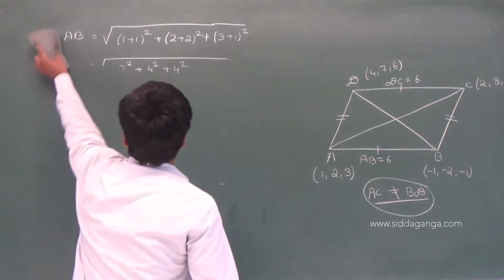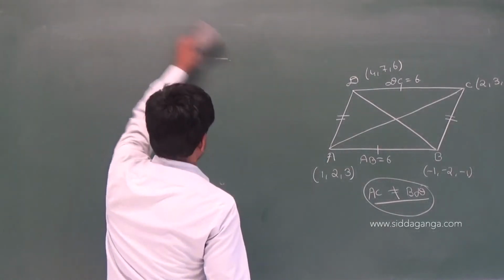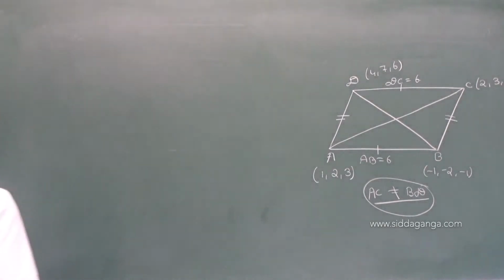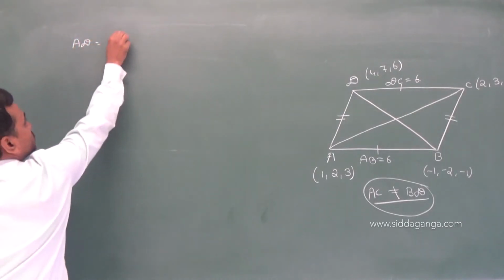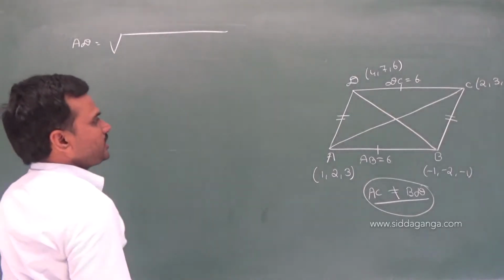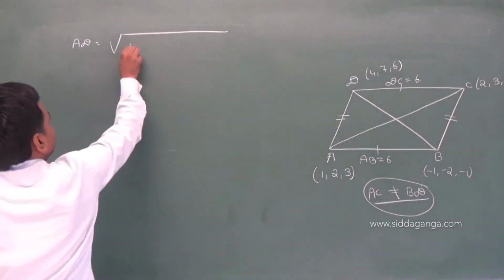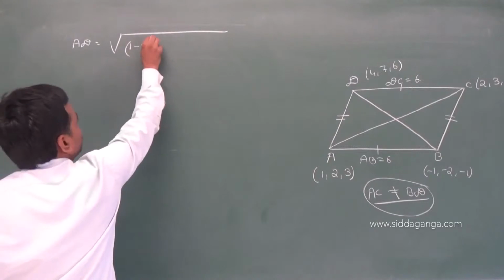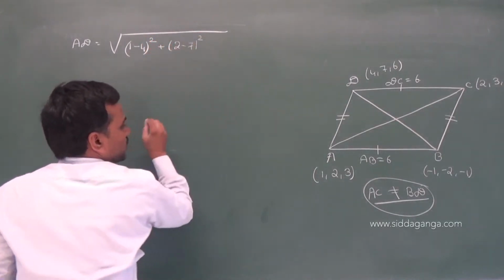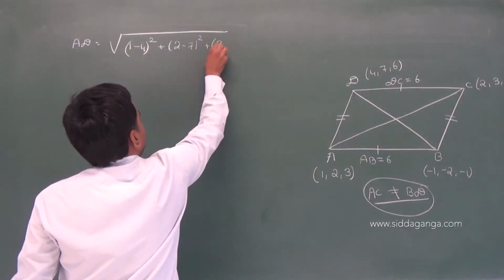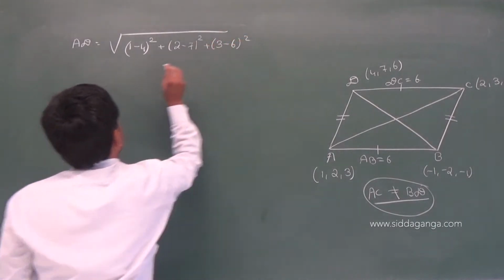Similarly, we check the other two opposite sides. The other two opposite sides are AD. Square root of AD, A to D. 1 minus 4 whole square plus 2 minus 7 whole square plus 3 minus 6 whole square.